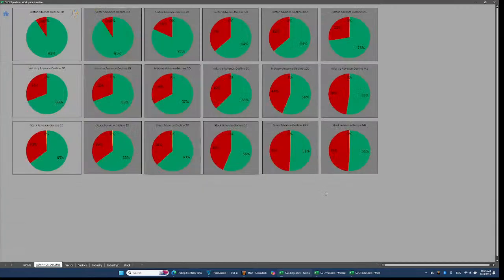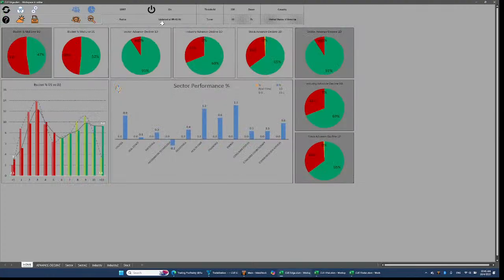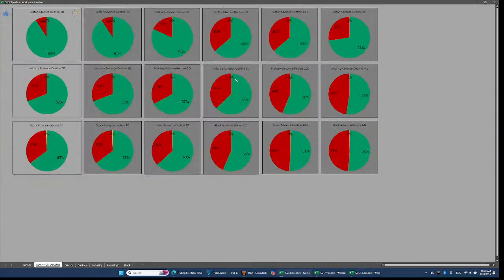Sector industry stock breadth, longer term 1 month period is bullish, 10-day period is also bullish, 5-day is also bullish. Let me make sure it is updated. Updated, right? Yes, updated.